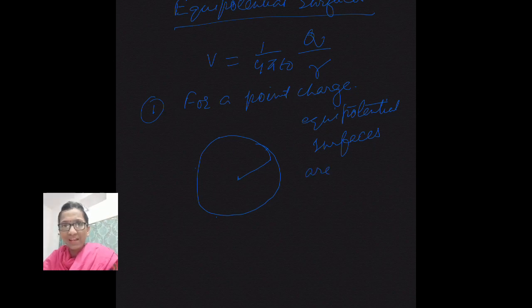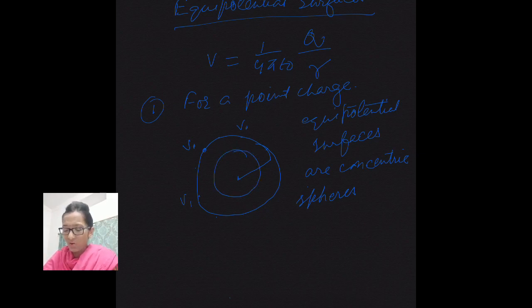They are concentric spheres. Concentric means it has the same potential all along. If the potential is V1, at every point you have potential V1 only.